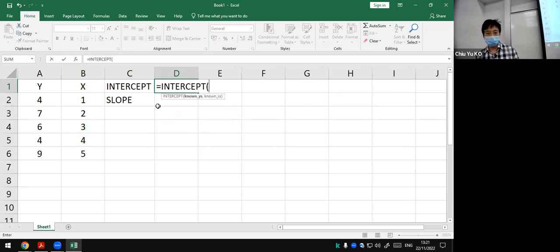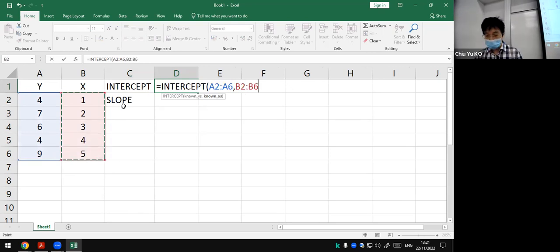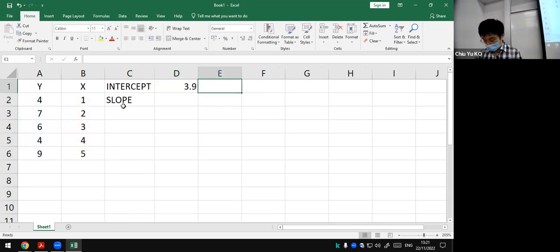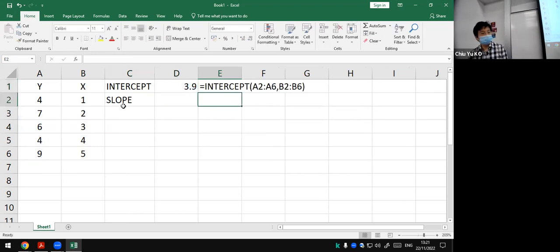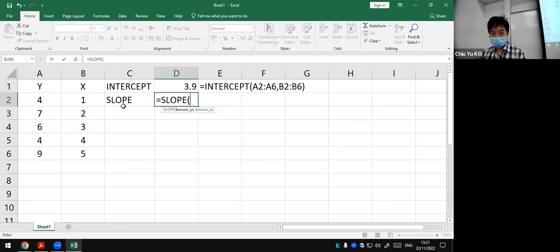And you put what are the Y, A2 to A6, and tell them the X, B2 to B6. Okay. So I will give you the formula here, right? The slope. Okay. And do the same for slope. Give the Y and give the X.